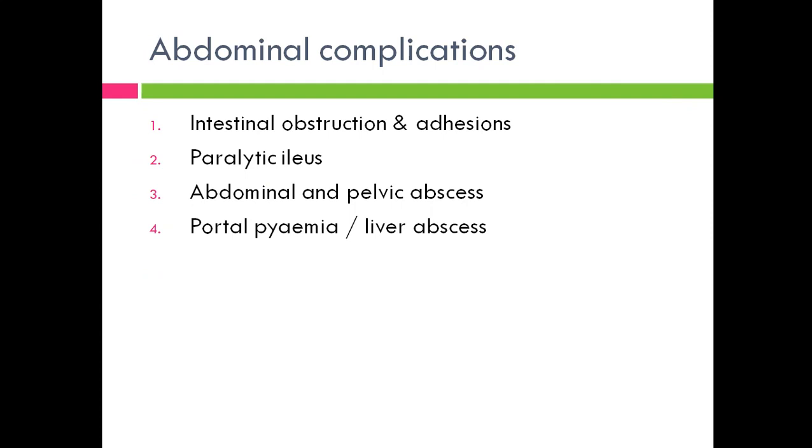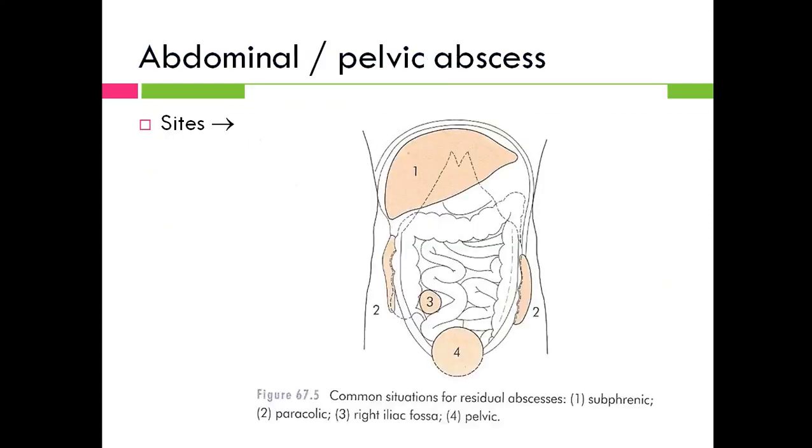Abdominal complications may be a prolonged paralytic ileus, intestinal obstruction and adhesions, abdominal and pelvic abscesses, portal pyemia or liver abscess. And most importantly, wound infection, surgical site infection.